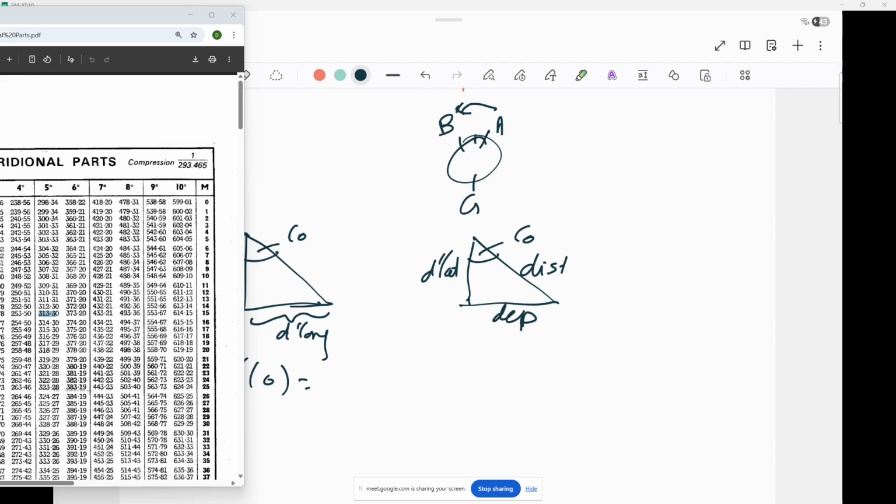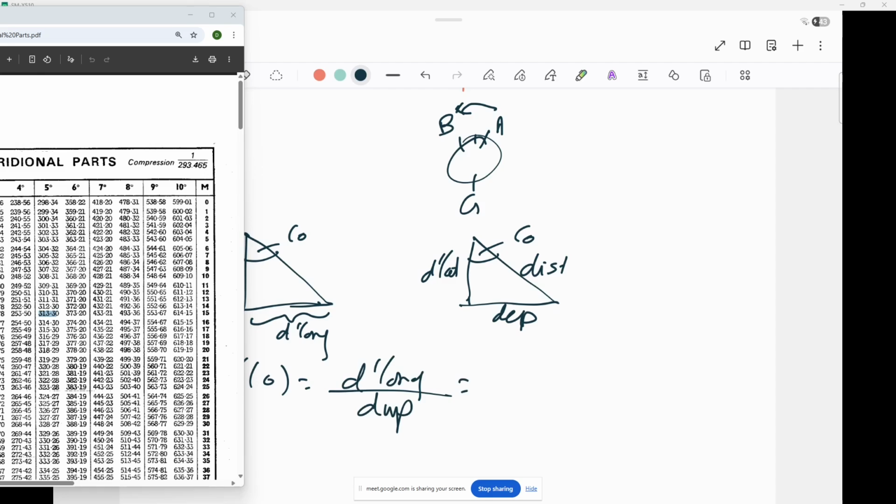For example, if you don't draw the triangles, then you will be having trouble finding out the actual 3-digit course. So I strongly recommend that you always draw the triangles, right? So tan cos and d long divided by dmp.